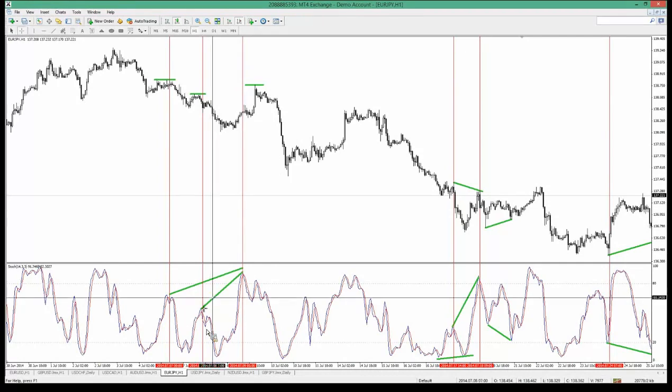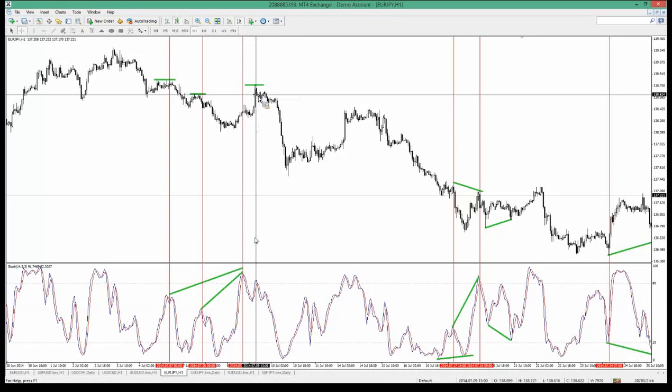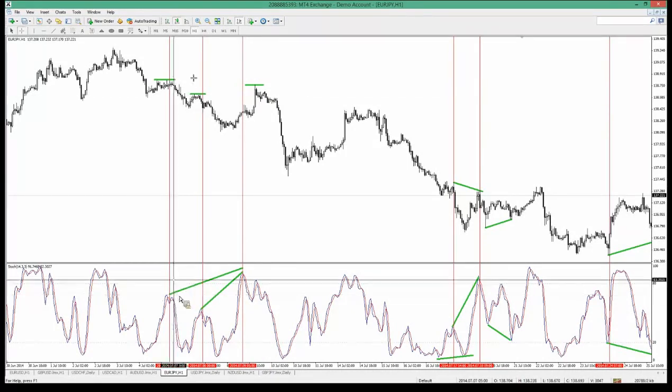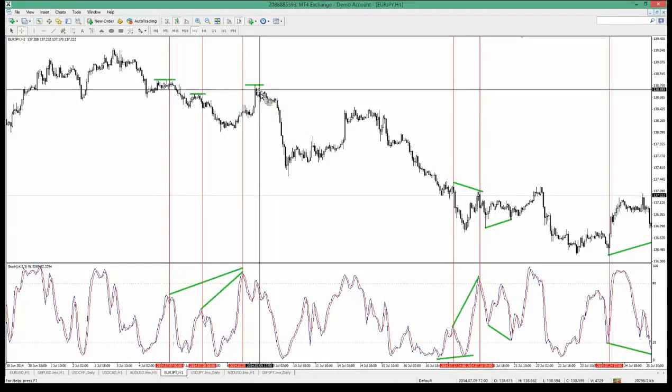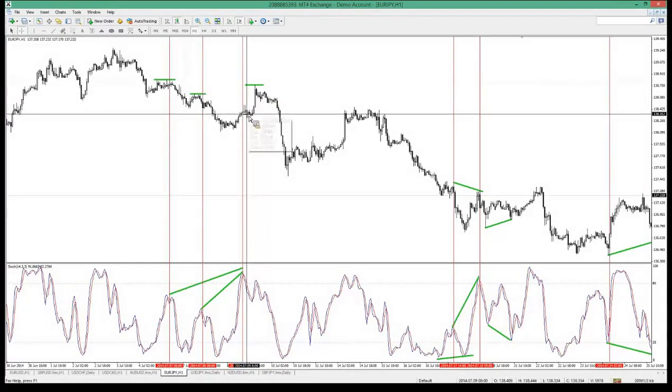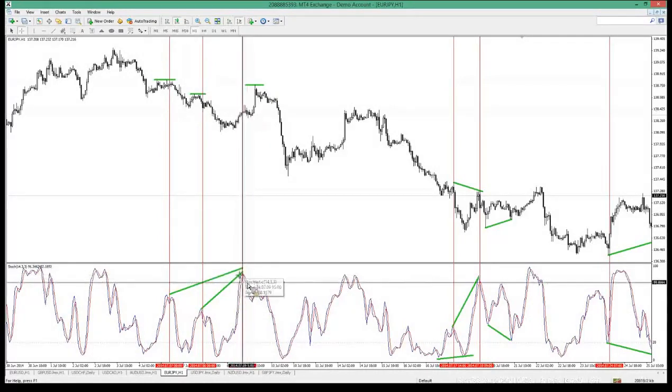So you see from here, price makes a higher high to this one here, where price stays below this. So you can wait for confirmation, for example, like a candle close or something, that'll get your stochastics crossing over.